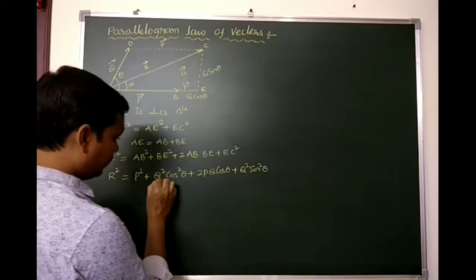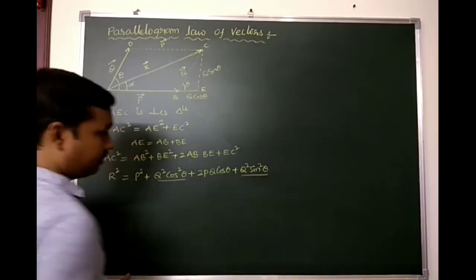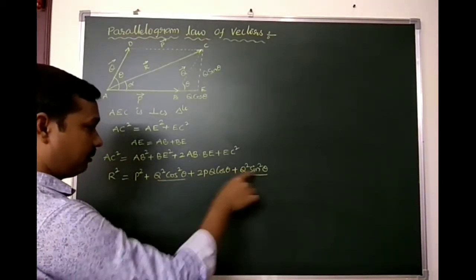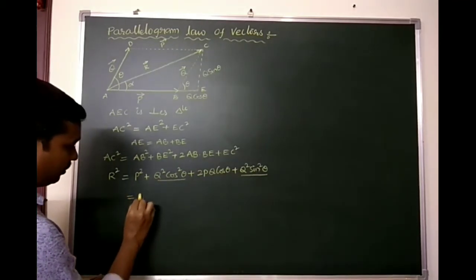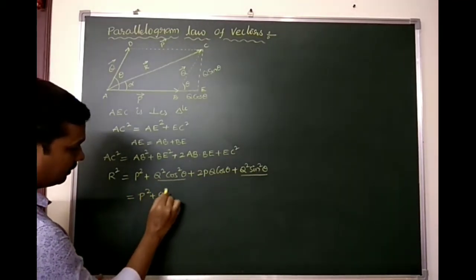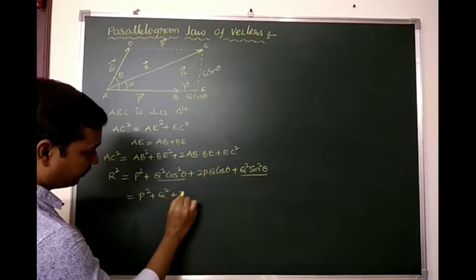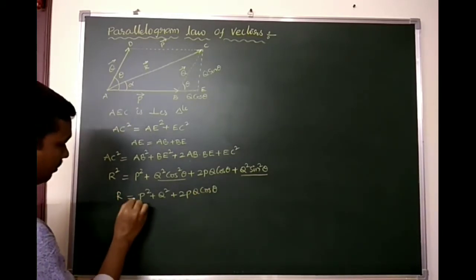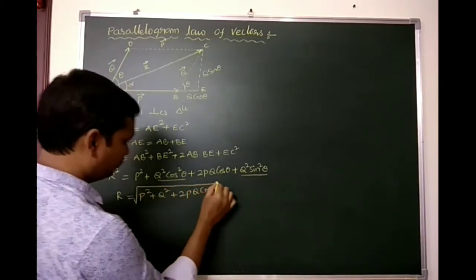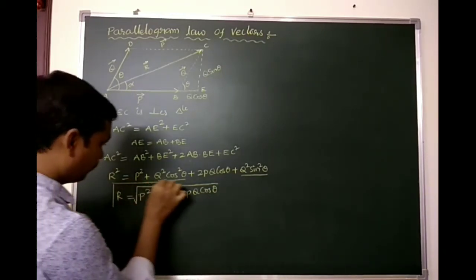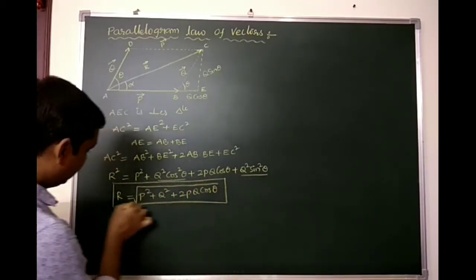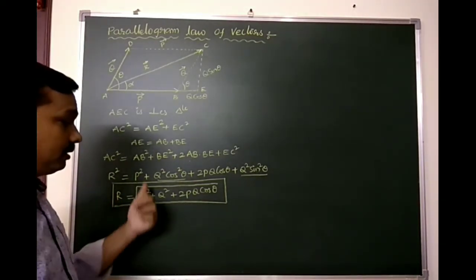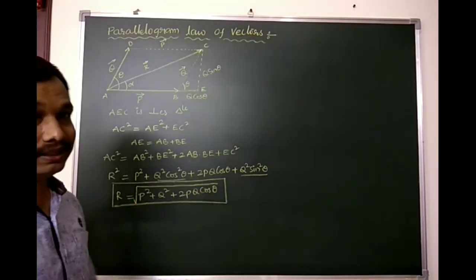Combining Q square cos square theta and Q square sin square theta, we get P square plus Q square plus 2PQ cos theta. So R equals root over P square plus Q square plus 2PQ cos theta. This is the formula for the resultant magnitude.